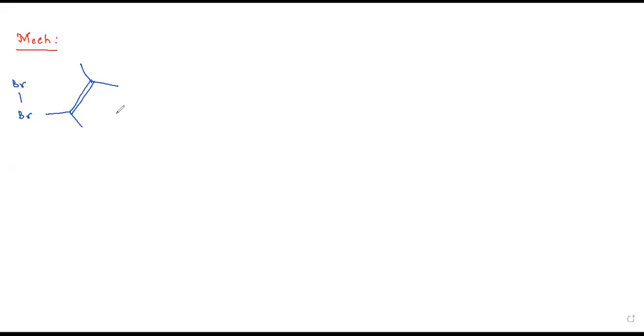Now in this, initially, as I said, attack is initiated by an electrophile. Yes, we are without the bonded pair, and now this goes off with the bonded pair. So this bromine is now in the form of Br plus, right?